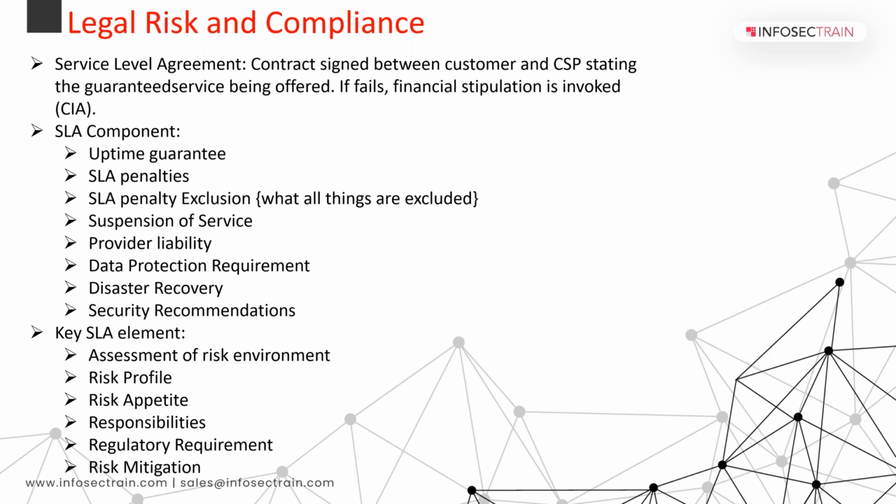There has to be a mechanism to have a proper communication matrix and escalation matrix defined, in case of any request which is raised and not complied with by the cloud service provider. And that is where the key SLA elements are: what is the risk environment we are talking about, is the risk profiling done, and what is the risk appetite from the cloud customer perspective.